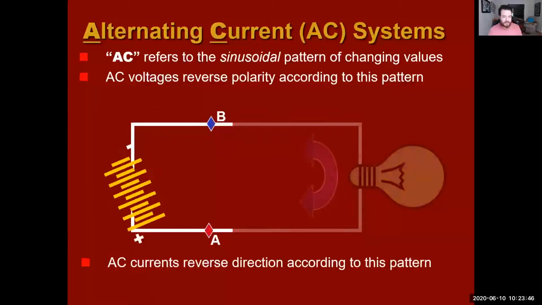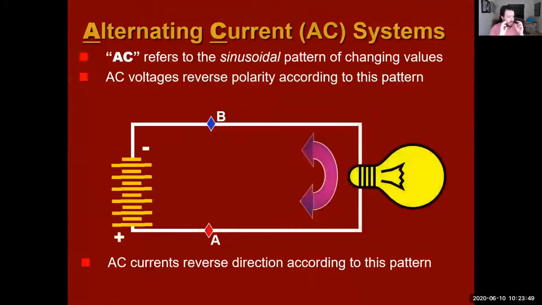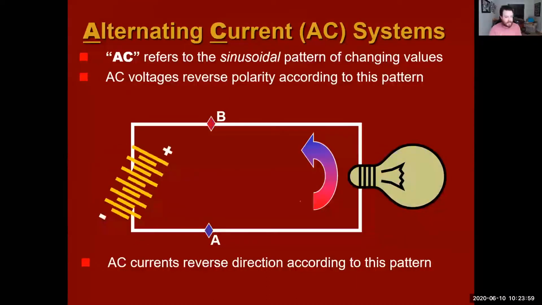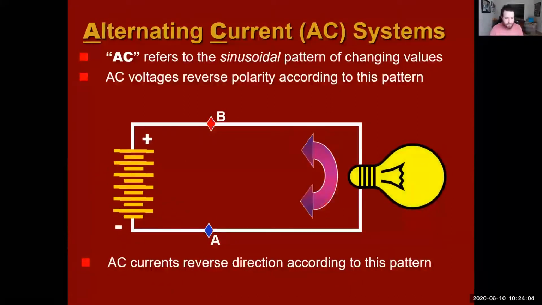So AC current reverses direction according to this pattern. If you were to look at AC lights, if you were to slow it down enough, you would actually see flickering. And that flickering would actually be the sine wave and the changing of your current going back and forth.